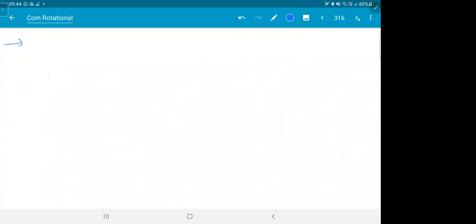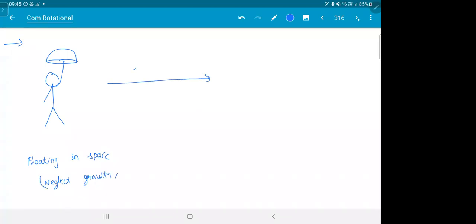Tell me one thing. Let's say we have a person standing in space with an umbrella kind of thing. Now, if he starts rotating the umbrella, what will happen to the man?